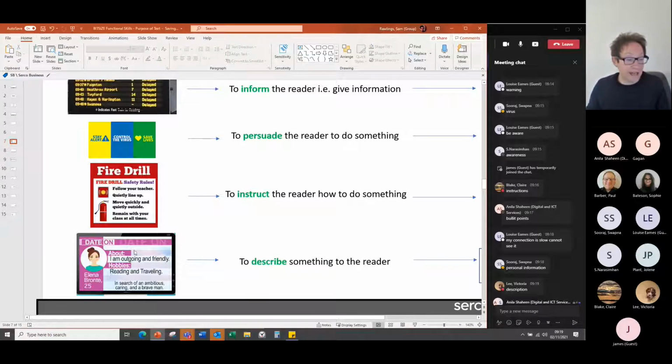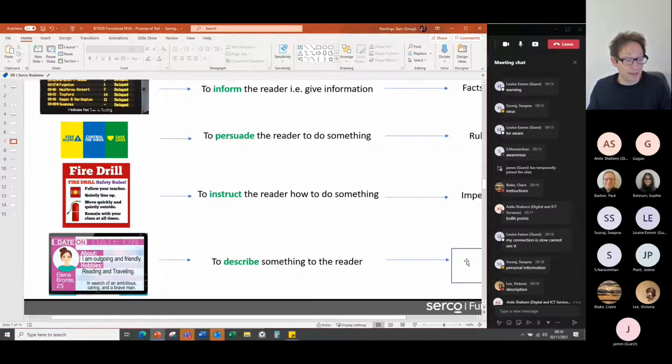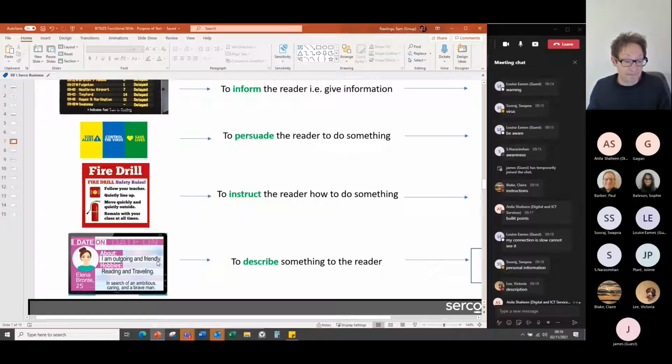So we're describing Eleanor. What type of words have we got in there that make this particularly descriptive? So this is your kind of challenging question. And this is to do with the language techniques bit over here. Anyone can get this? It's quite tricky.